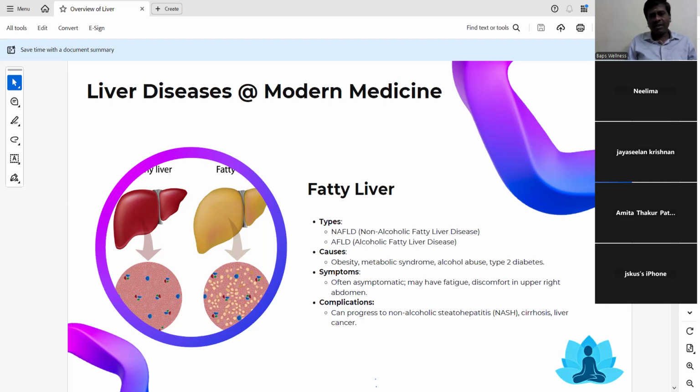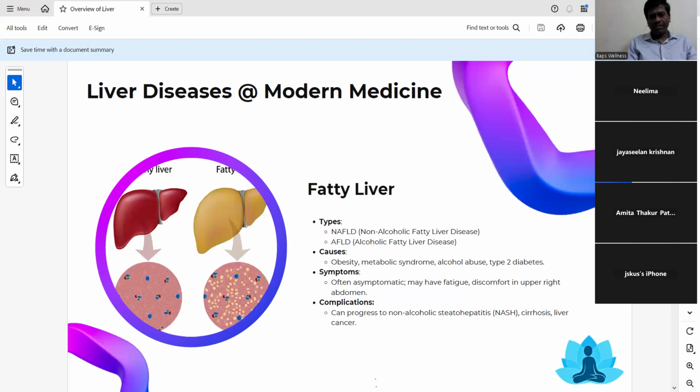Another one is non-alcoholic steatohepatitis, NASH. This is a bit more difficult, where fat deposition is there, inflammation is also there, and liver cell damage will also be there. This will progress to cirrhosis over a period of time. So this is a serious condition, NASH, non-alcoholic steatohepatitis.